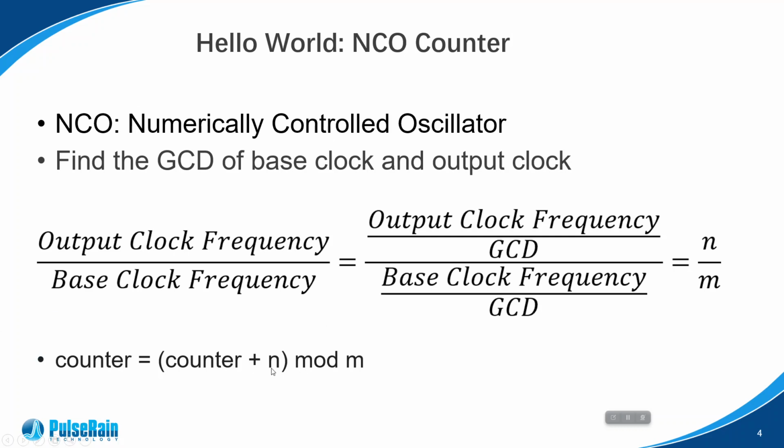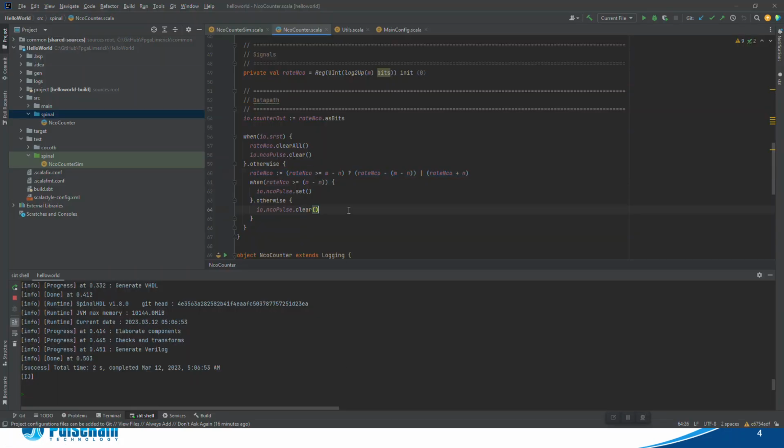It's just the counter plus n modulo m. But in implementation, if it rolls over, we add this value, otherwise we just add n if it's not overflow. And every time it overflows, we will generate a pulse.